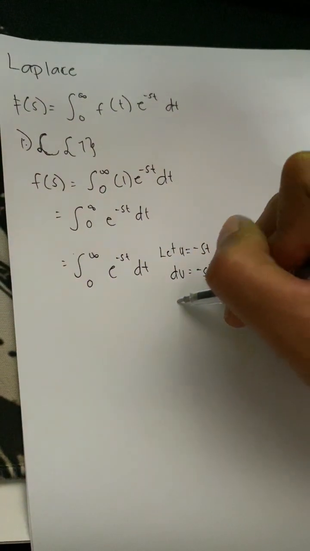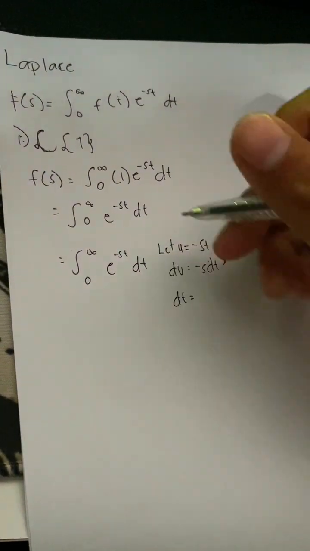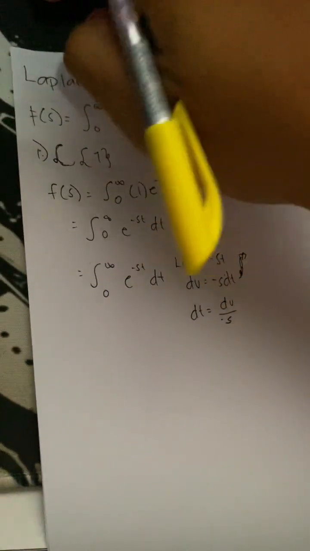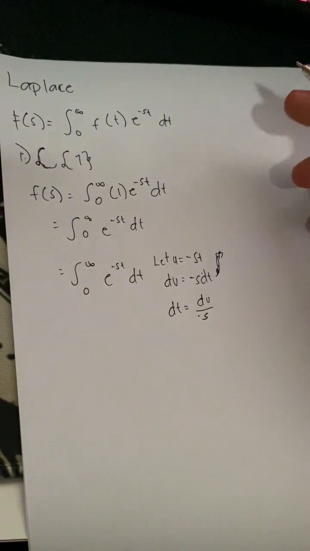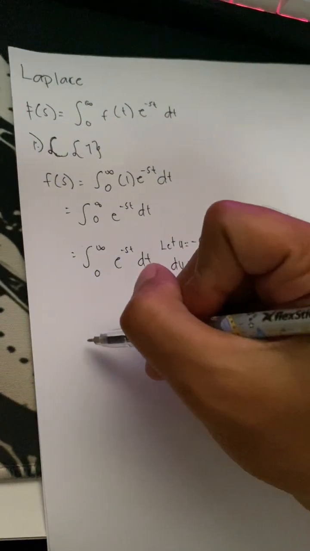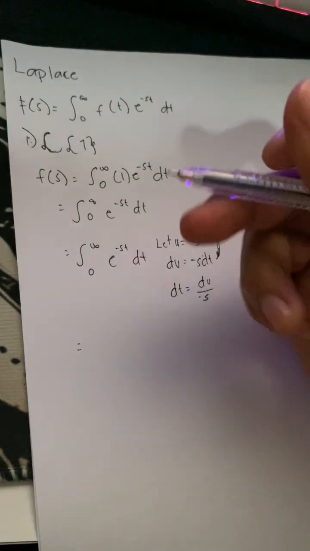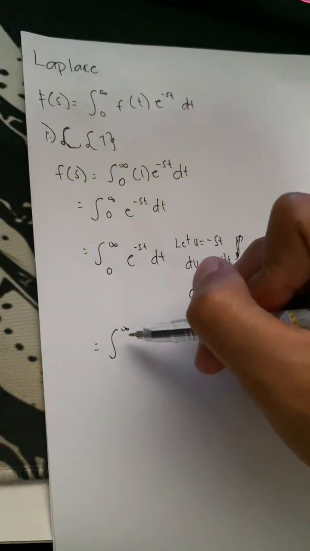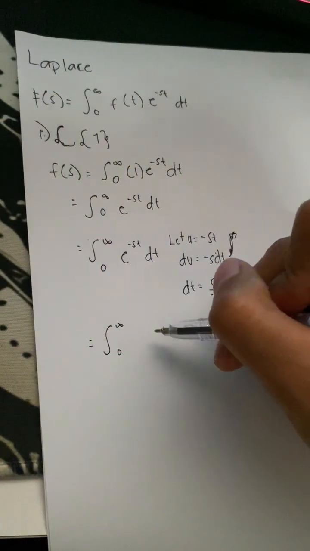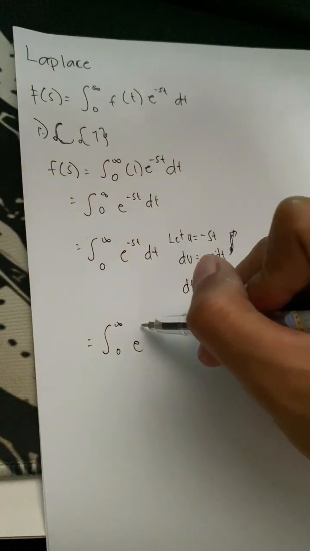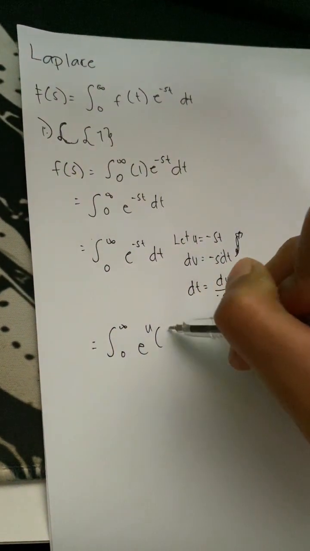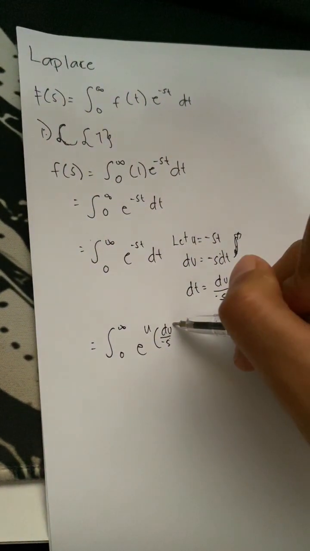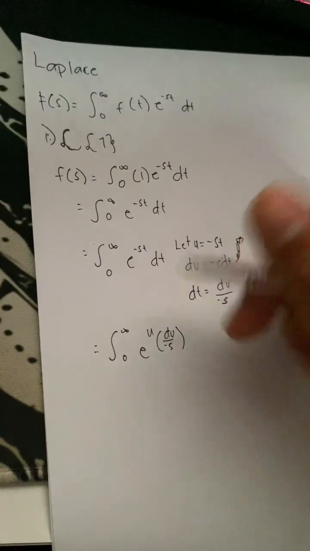So dt is equal to du over negative s. If you perform the substitution, we have the integral from 0 to infinity of e raised to u, du over negative s.